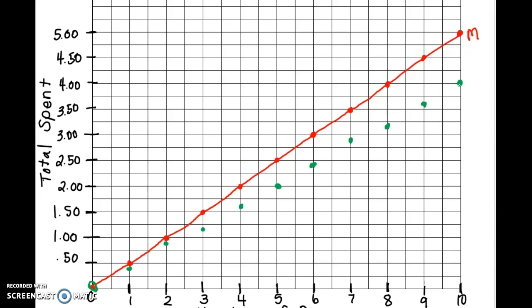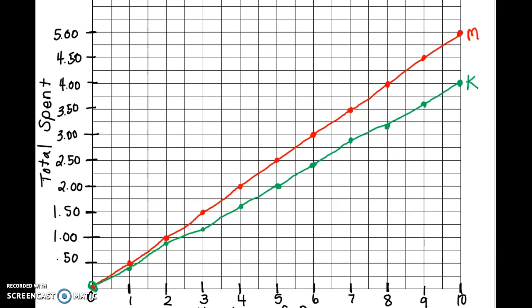Now, you can see that my line is not necessarily going to be straight, and that's okay. But this is where you would probably use a ruler. And I'm going to put a K here for Kylie.